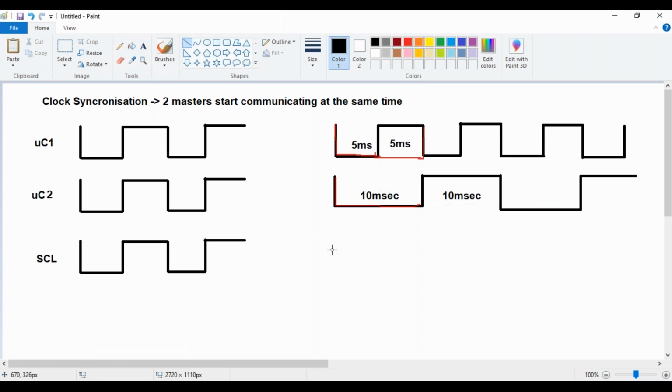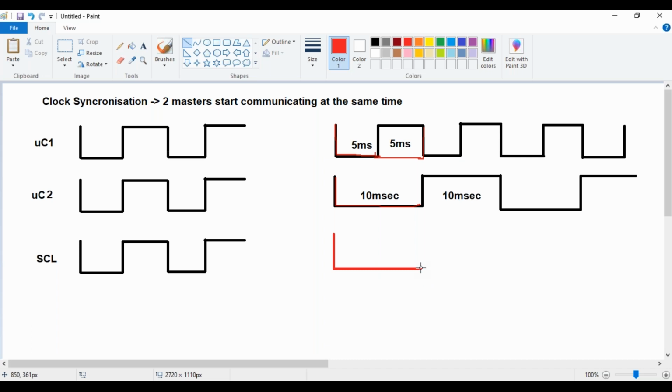Microcontroller 1 transmitted 5 milliseconds of low period. Microcontroller 2 generated 5 milliseconds of low period. But according to the rule, it has to generate the low signal for 10 milliseconds. So it continues to pull the line low for another 5 milliseconds, and you are going to see a low itself.